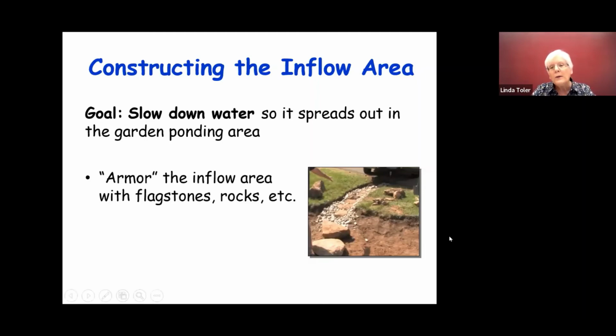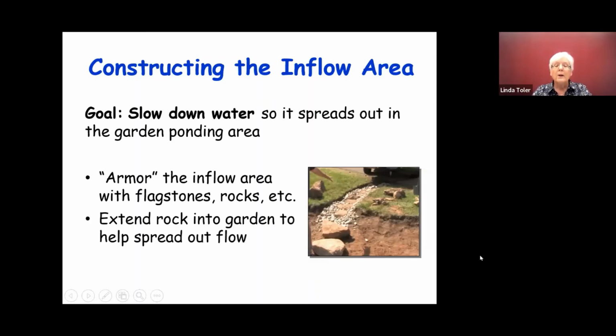So what you want to do is armor the inflow area with things like rocks or flagstones or whatever, just to slow the water down so it can spread out more effectively into our garden area. You might also want to put some larger rocks actually inside the rain garden where the water flows in, just to help, again, slow the water down, keep it from scouring things out in the garden.